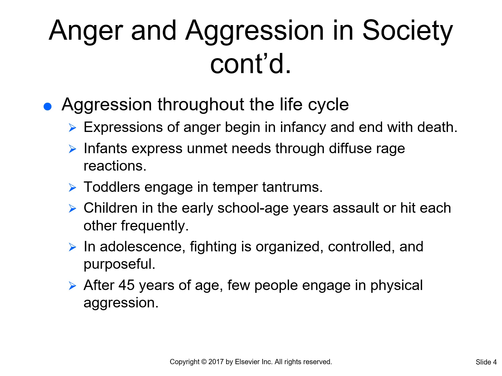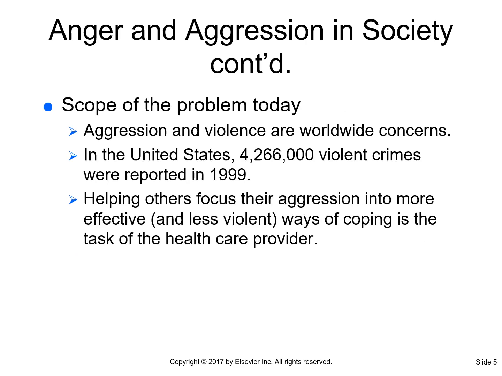And you could see that there's some aggression in the adolescent patient that you have. So the expectation is that their fighting is organized, controlled, and purposeful, right? You do not expect an adolescent to be throwing temper tantrums when they are feeling that anger, right? Okay, so that's why it's important for us to remember and to know aggression throughout the life cycle.